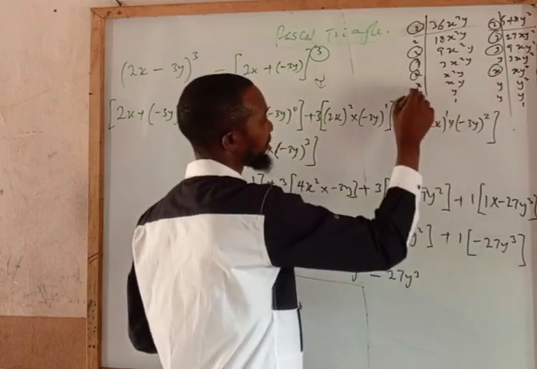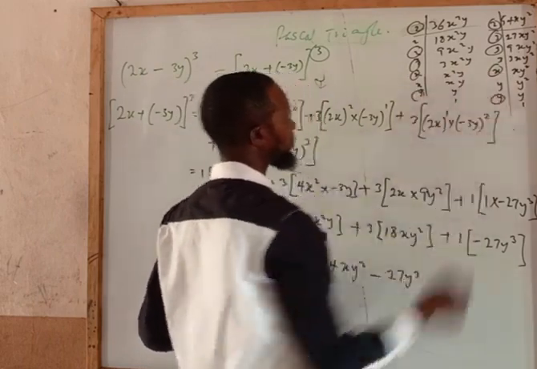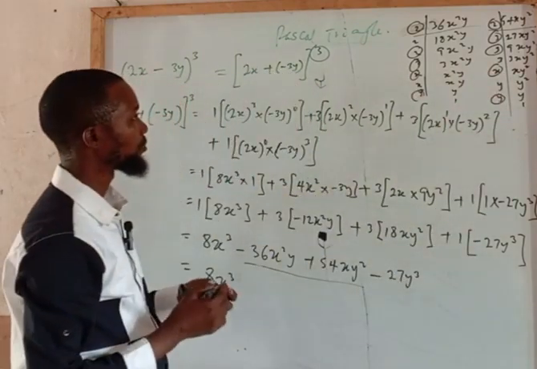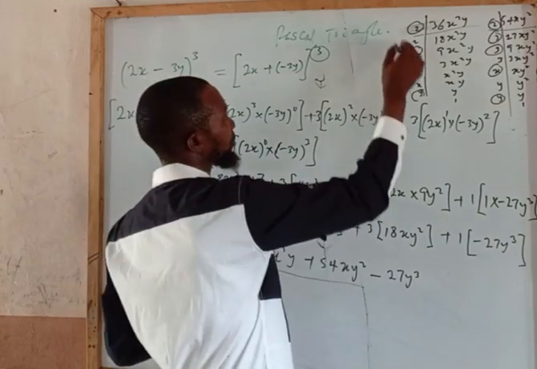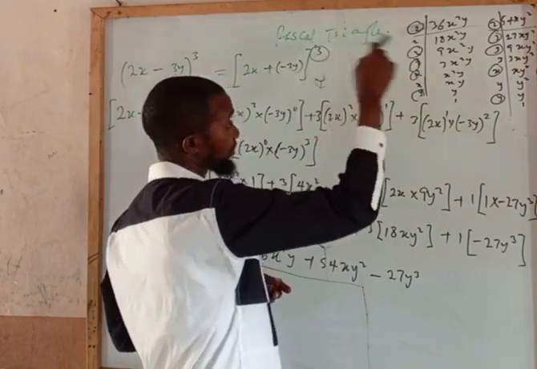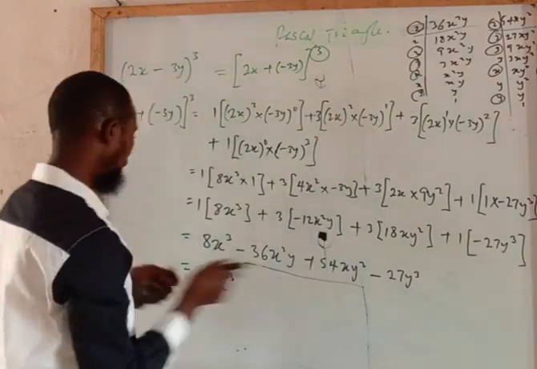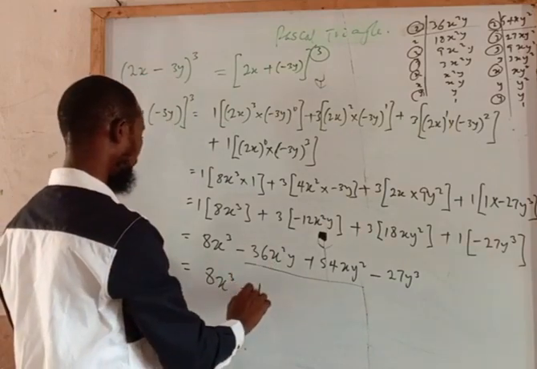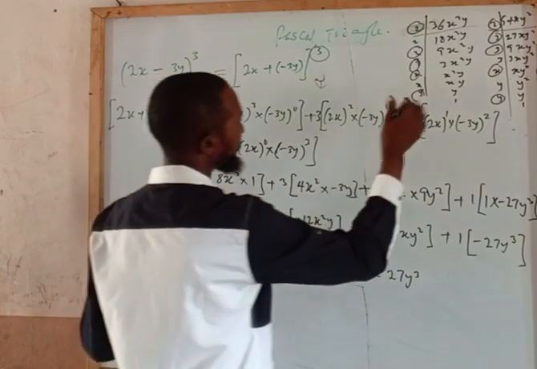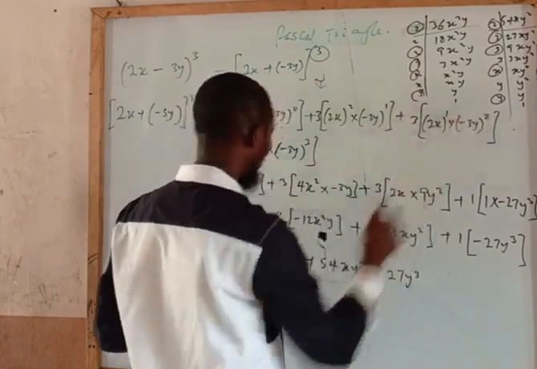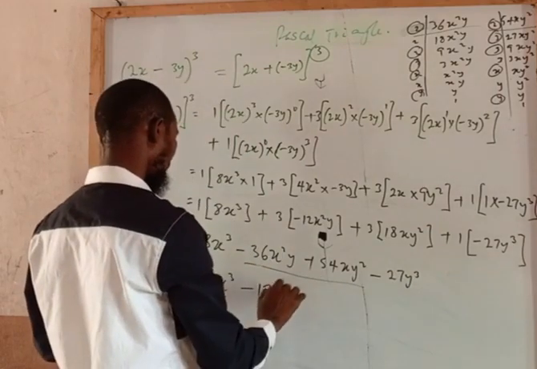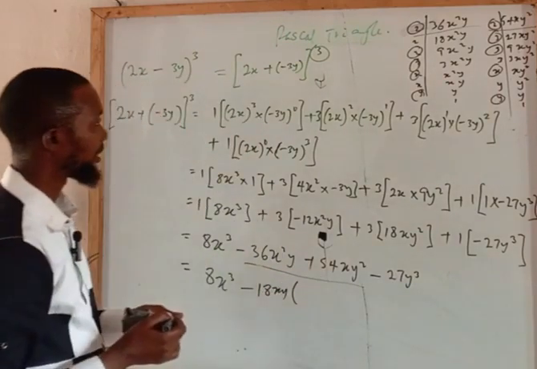I didn't have x again, but y against y. So we just multiply those values together. 2 times 3 here is 6. 6 times 3 here is 18. So that means we have minus 18. Now what about the letters xy, xy? 18xy. I can now open the bracket here.